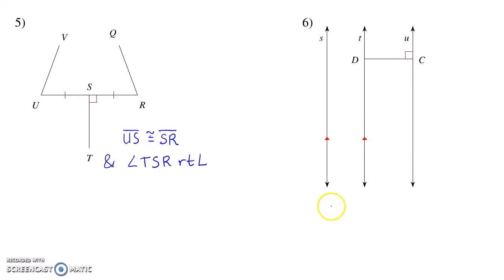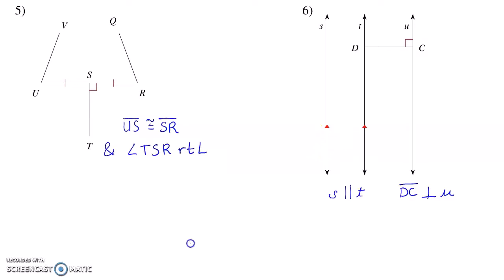In 6 here, we are given that line S is parallel to line T, and then segment DC is perpendicular to line U. So I know that a lot of these markings or concepts of parallel, perpendicular, we haven't gotten to those yet, but I'm just going through what the diagram, different ways it could be marked.